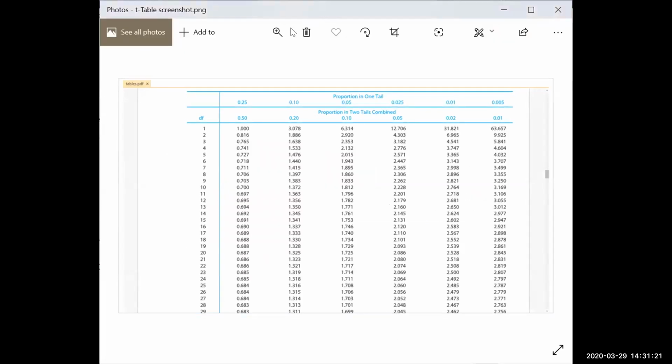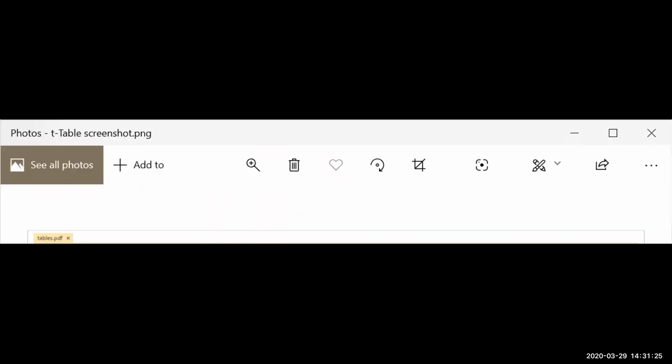Okay, so first of all, let's take a look at this. So we use the t-table to locate the degrees of freedom, so we know those are 24, and then we find the appropriate column, and from there we can find the critical value, okay? So what exactly does that look like? Let's take a gander here.